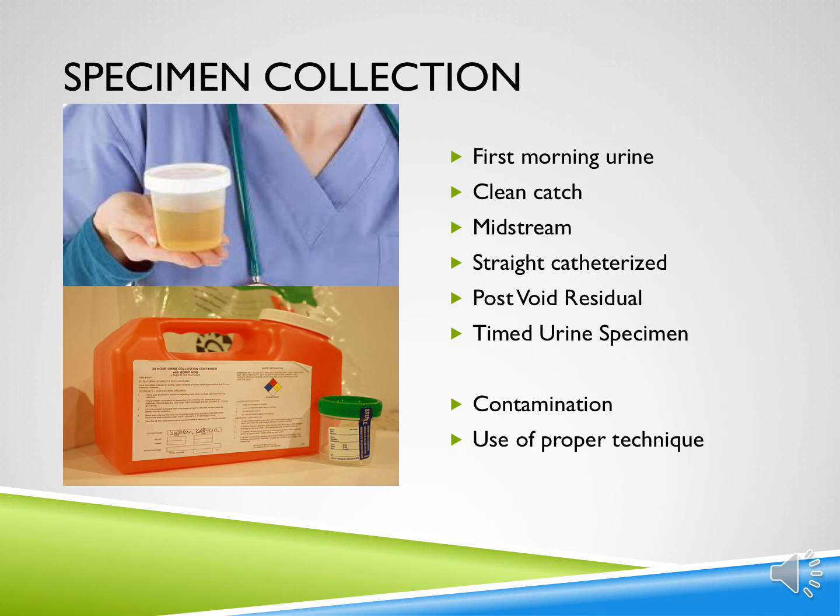It just cleans up any residue that might be around the opening of the penis. On a female, we teach them to clean one side toward the rectum with one little wipe, and then the next side toward the rectum with another wipe, and then right down the center with the last wipe, and discard those wipes, and then they should void into the container.